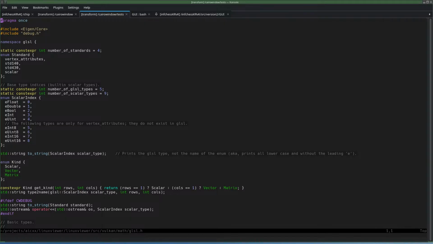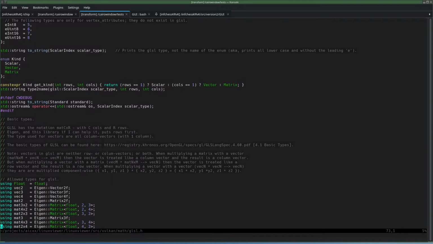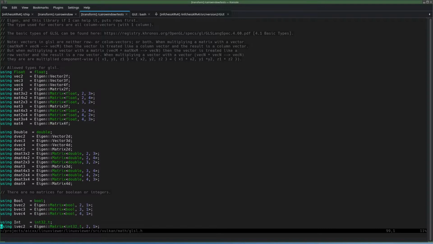Eigen core. Is it? No, it is not. Well, in case it is then.